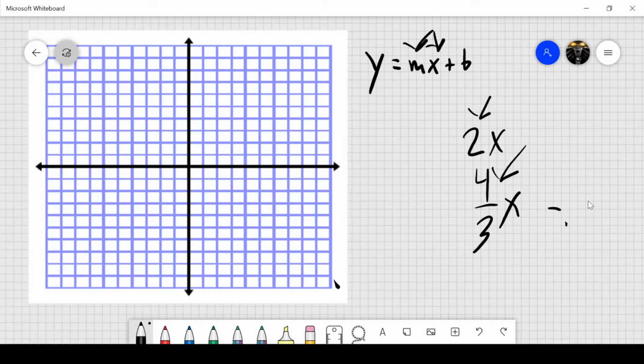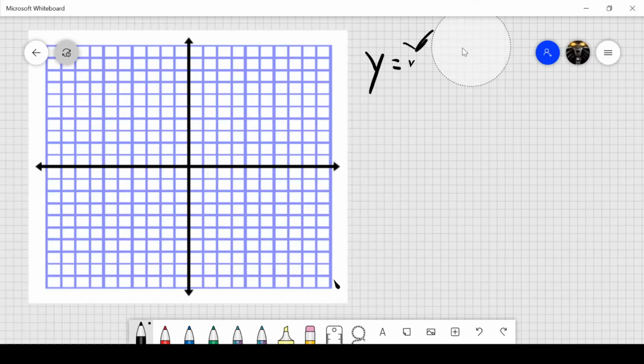Negative 0.7, which I don't know why people insist on trying to do it in decimal point form. Some people do. It's going to be the negative 0.7, and I highly recommend that you just switch it back to fractions as soon as possible, because fractions are just so much easier with this stuff.